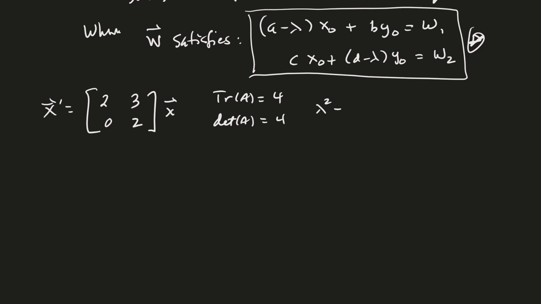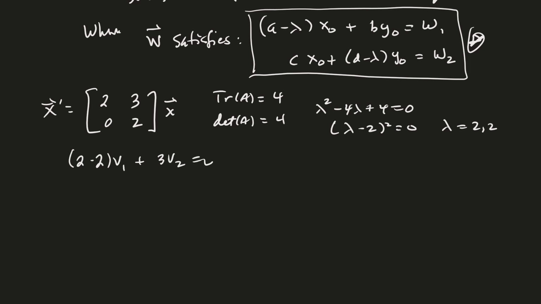So that's lambda squared minus 4 lambda plus 4 equals 0, and so lambda minus 2 squared equals 0, or lambda equals 2 and 2. Now if we set up our eigenvector equation, that would be 2 minus 2 times v1 plus 3 v2 equals 0, or 0 v1 plus 2 minus 2 times v2 equals 0. So we just have v2 equals 0.